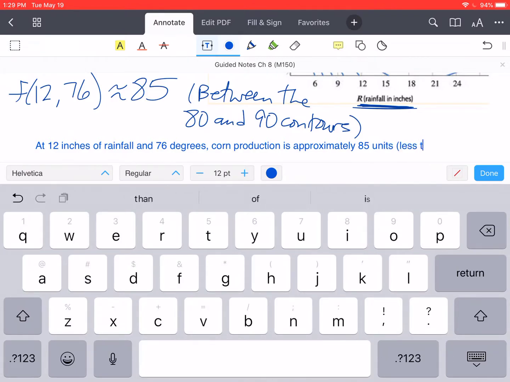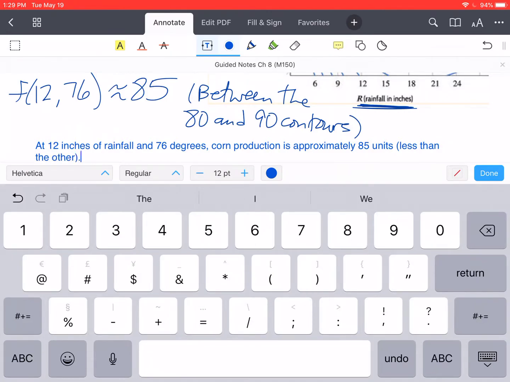So notice this is less than the other case.